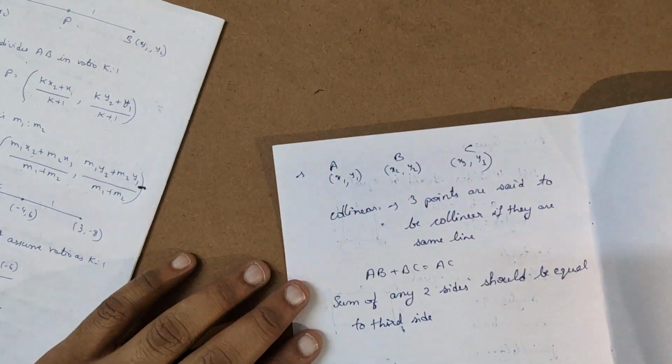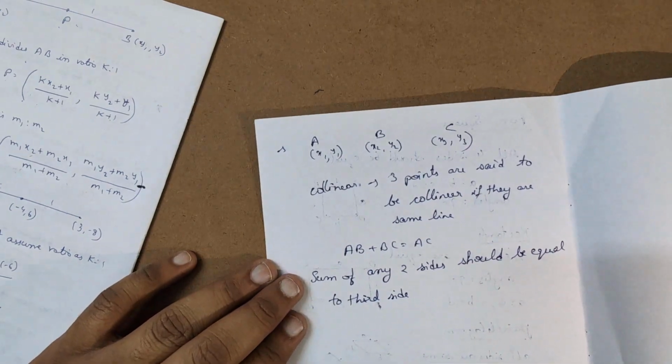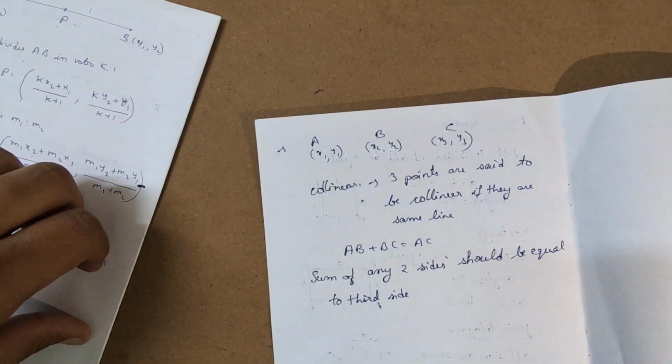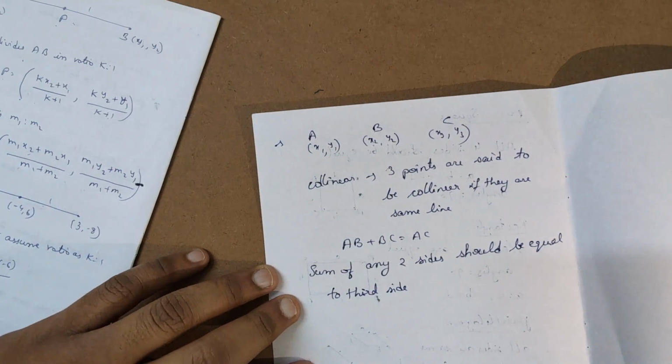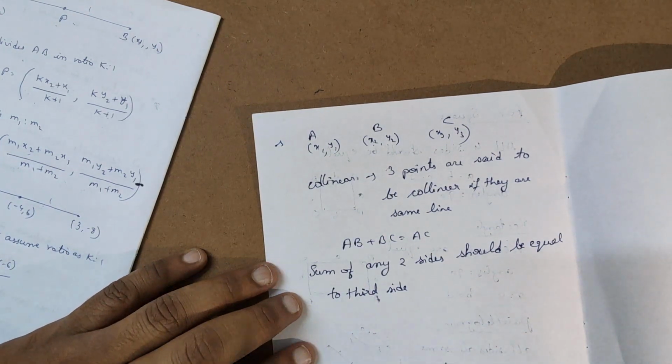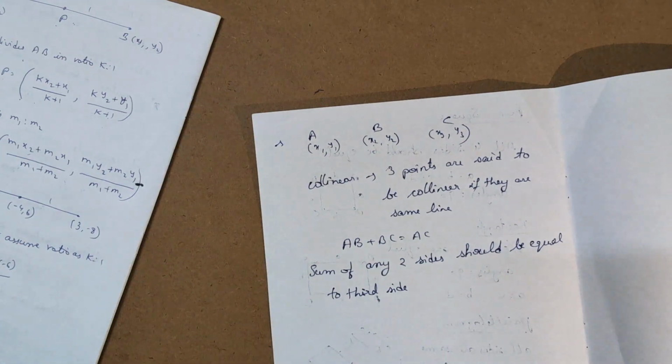If this condition is satisfied, then definitely we can say that all three are on the same line. If the conditions are not satisfied, then it is not on the same line, that is, the points are not collinear.